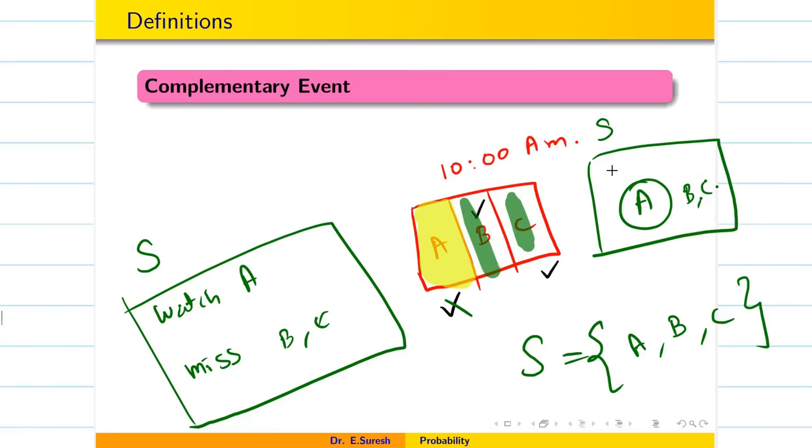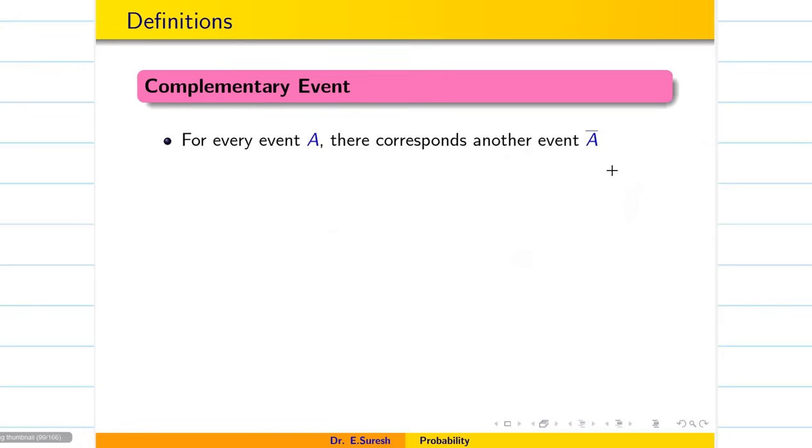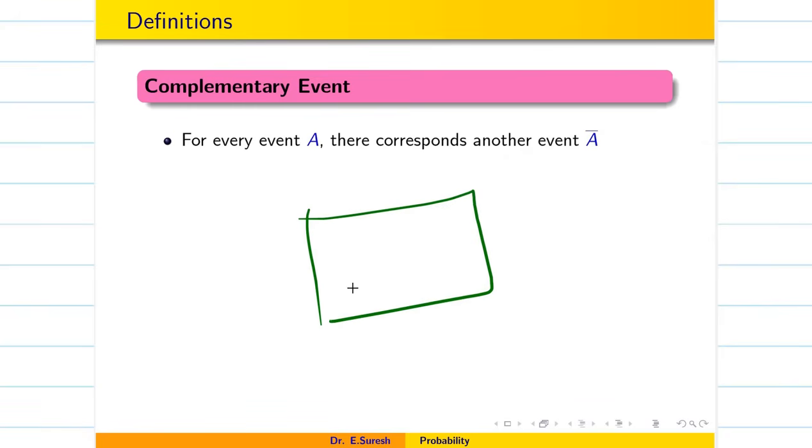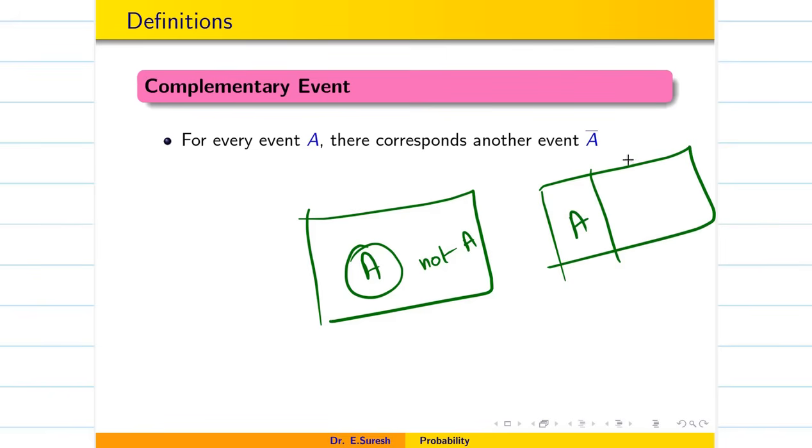Now I hope you got the idea what is meant by a complementary event. If there is an event A, there will always be not A. If I watch a movie A, I am going to miss some other movies B, C, etc. in the sample space. So for the event A, there is always another event A bar.